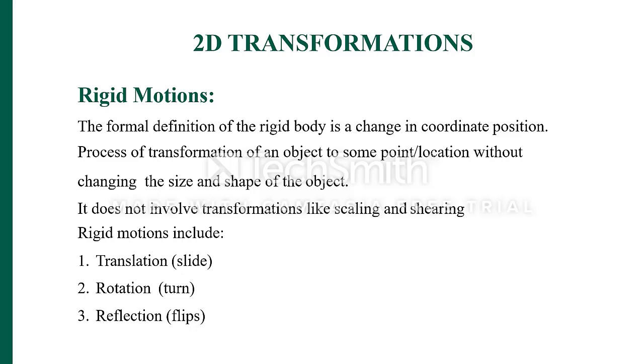Shearing means it reshapes the object or slants the object's shape, so it is also not included in rigid motions. So the only transformations included in rigid motions are translation, which is also called slide, rotation or turn, and reflection, which is also known as flips or the mirror image.